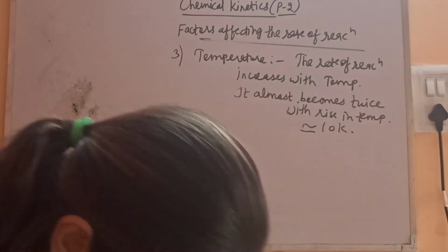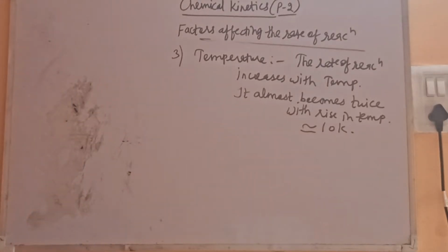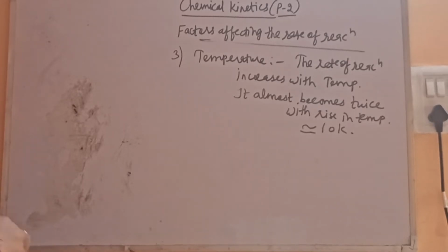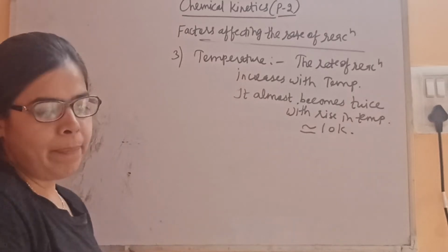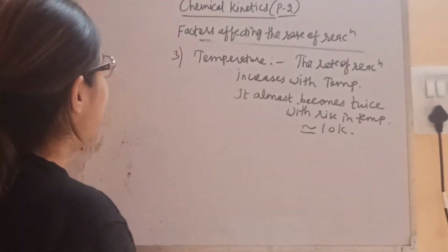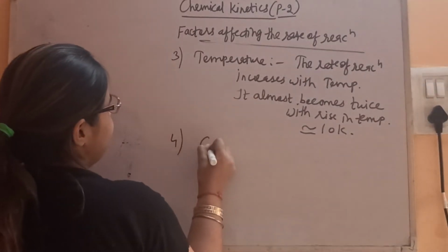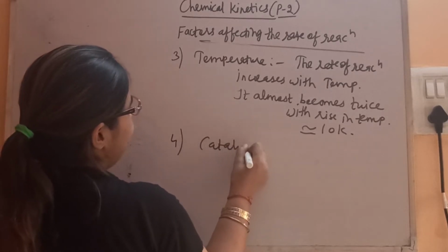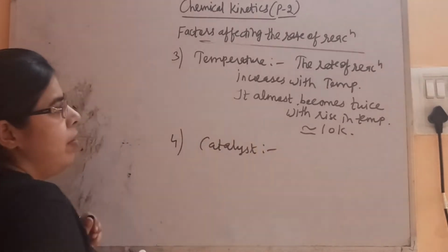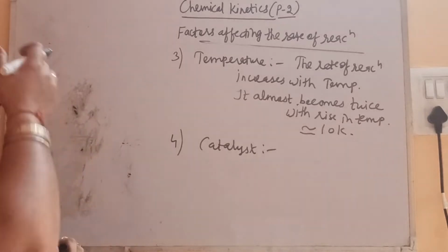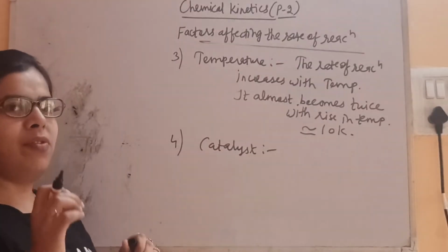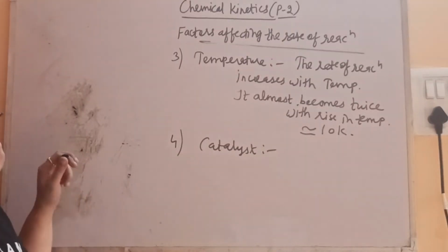Fine. Next we'll see the presence of catalyst. All of you know what is catalyst. Catalyst speeds up the reaction, but itself it does not take part in the reaction. Fine. Its composition will remain same.